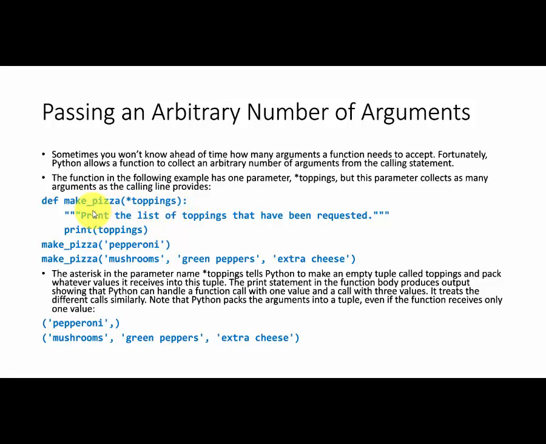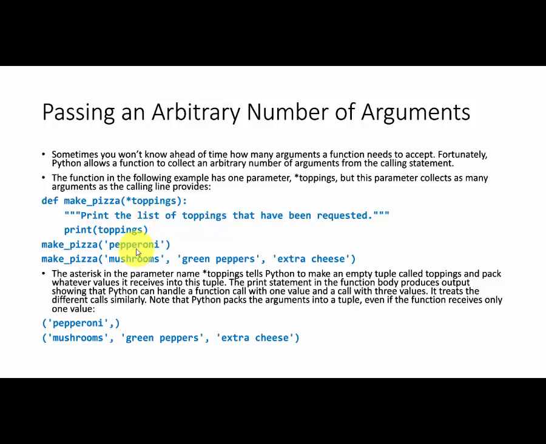Like I have a function, namely make pizza. In make pizza, I am including this star and toppings. This function will print the list of toppings requested by the user. First time the user is requesting pepperoni, so the list will be printed as pepperoni. Next time I am passing mushroom, green peppers, extra cheese, so three items are passed.